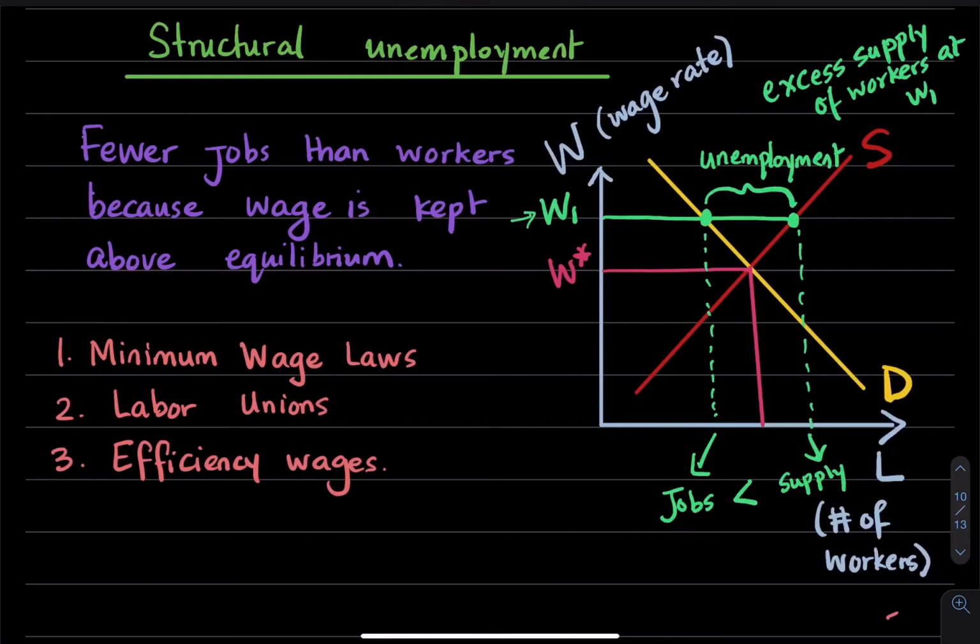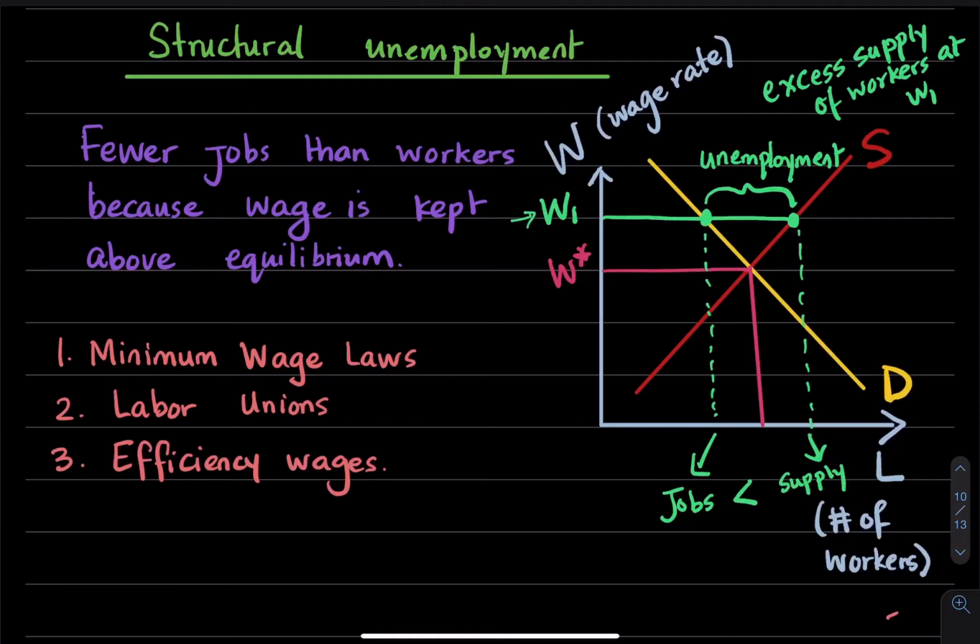The second idea here is labor unions, which are usually associations or groups of people that bargain with employers over wages and benefits and working conditions. They could exert their union power to negotiate higher wages for workers. Now, in the United States, we've seen a decline of unions.